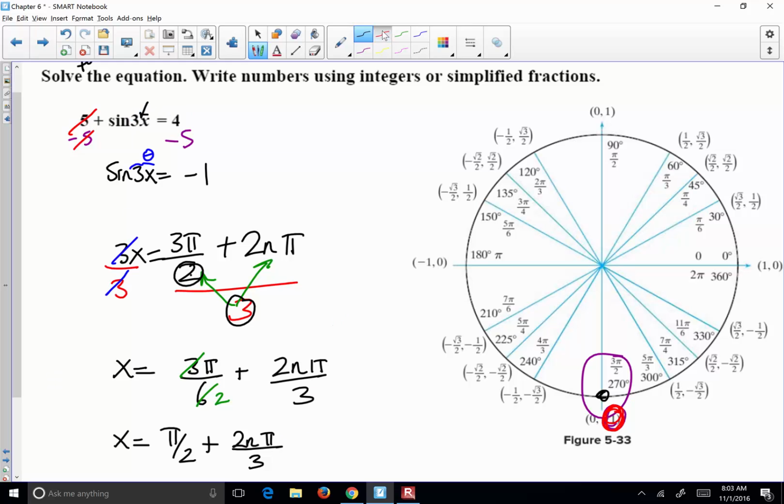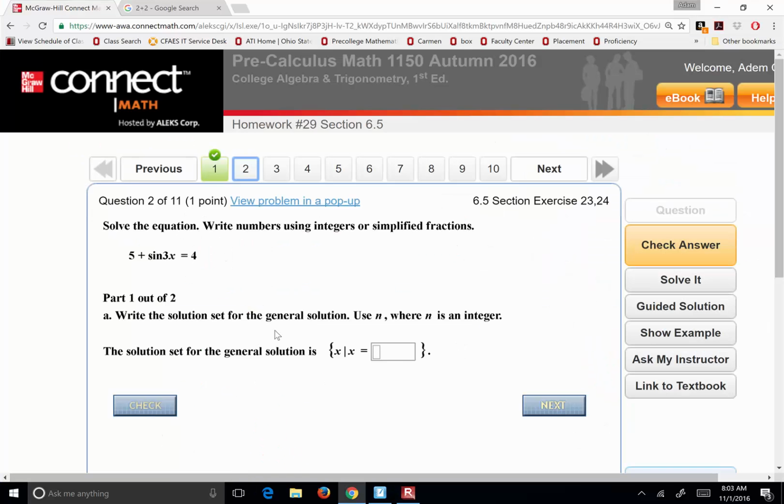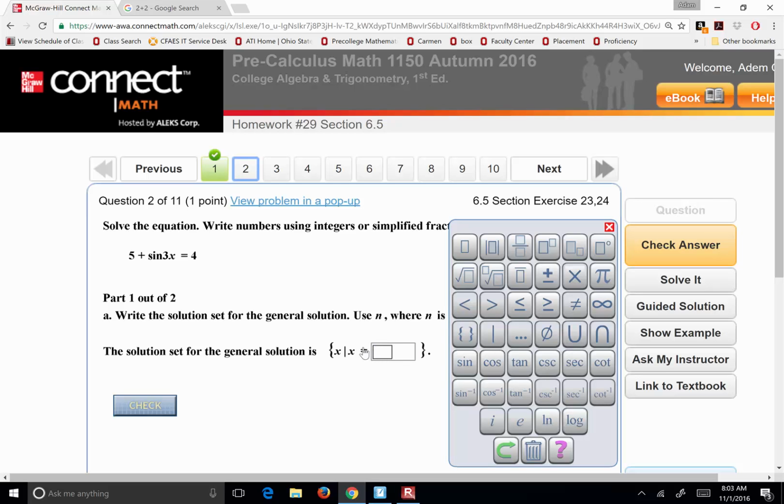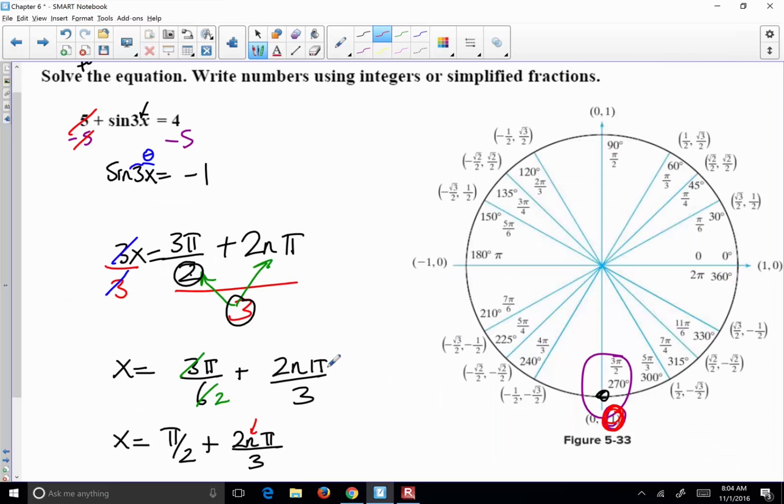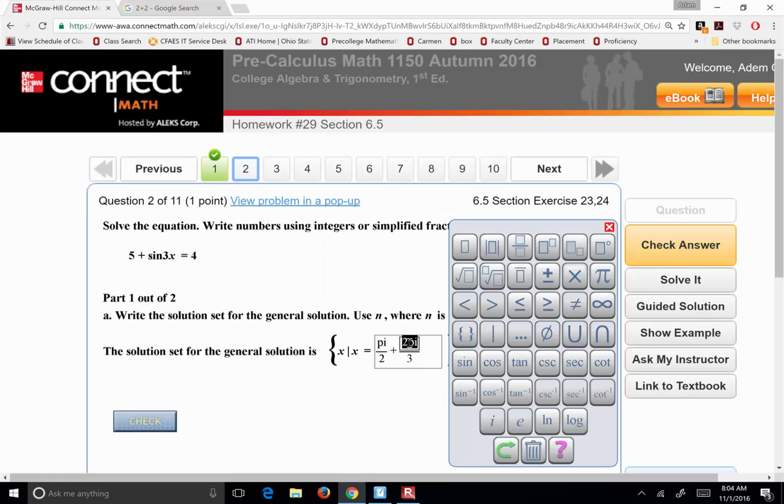If you like, just take a value of n like 10, add these up, put it in the calculator, triple it, take the sine, add 5, it's going to make 4. Just take a sample value if you wish. I'm sure this is right. So it's pi over 2 plus 2n pi over 3.